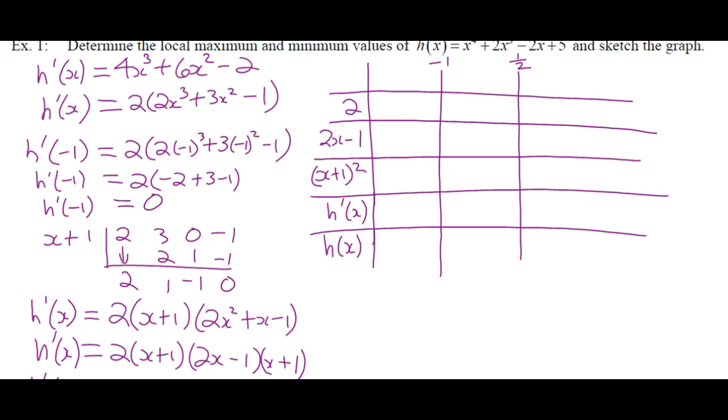Okay, so we just need to fill in our signs. 2, it's just positive everywhere. 2x minus 1: well, if I throw a big negative in there, that'll be negative, and if I put a 0 in there, that'll be negative. x plus 1 squared is positive, you're squaring something, so it'll be positive everywhere. All right, so what do we got? h prime of x is negative, and then negative, and then positive.